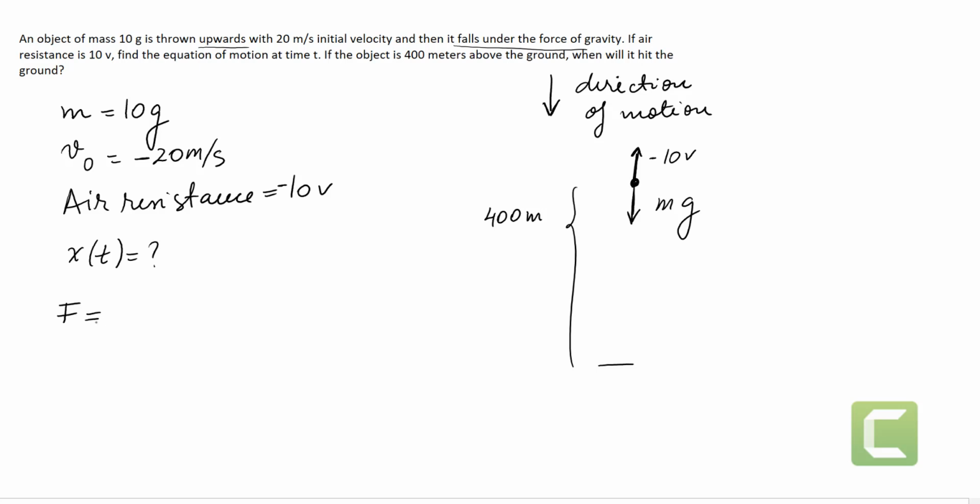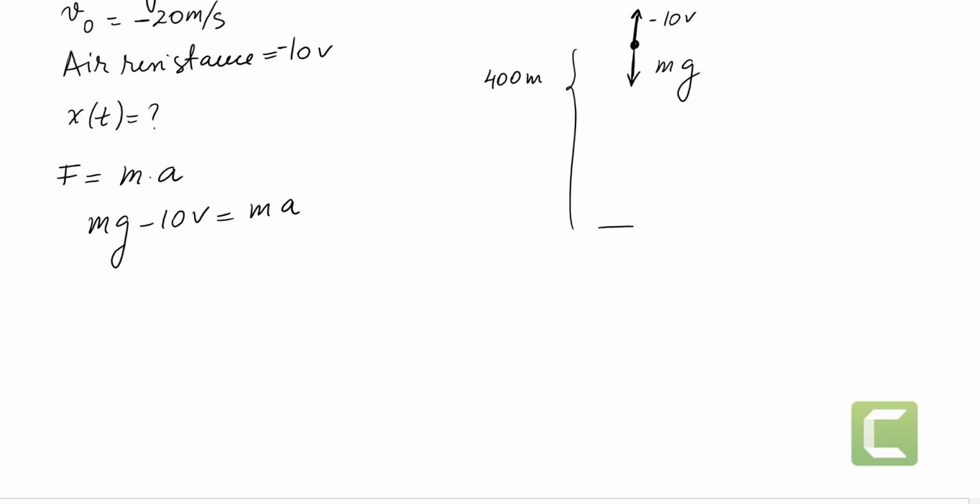Newton's second law says F equals m times a. So all the forces that act on the object are mg minus 10v equals m times a. Let's substitute what we know.